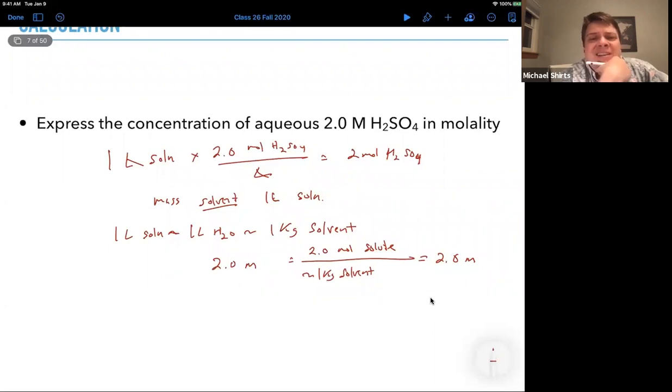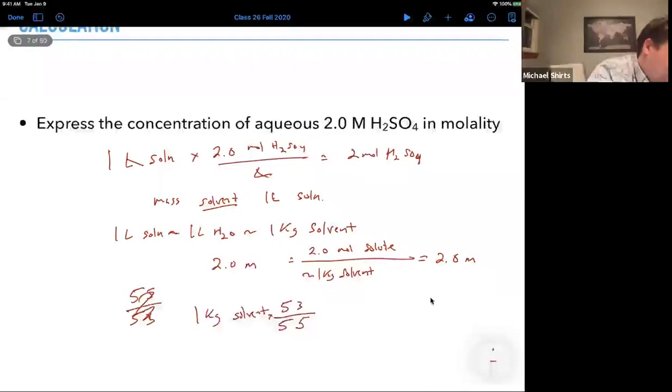How much less? Well, maybe you could go by moles. There's 2 moles of H2SO4. As a rule of thumb, there are about 55 moles of water in a liter. So maybe instead of being 55 moles per liter, there's only 53 moles per liter.